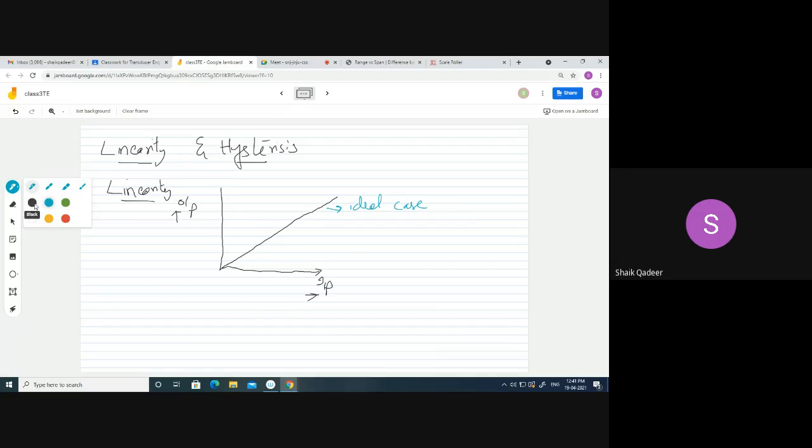Let us suppose that the actual value is something different.